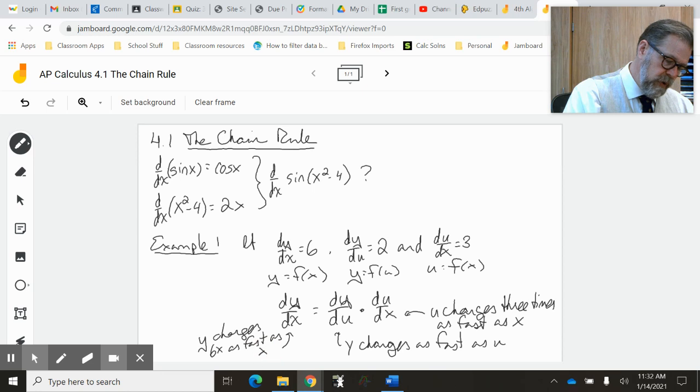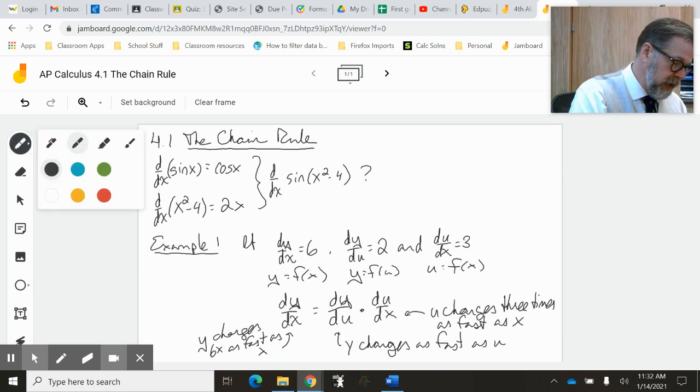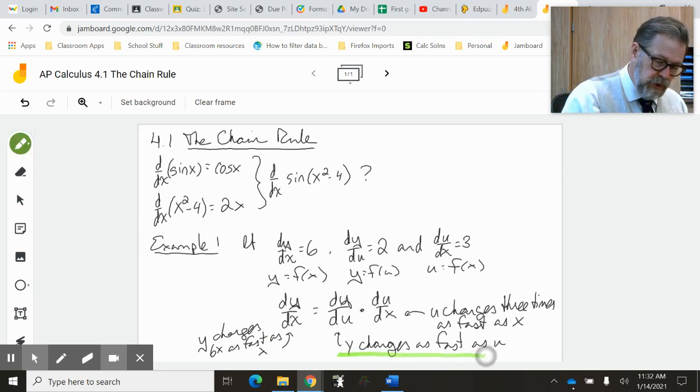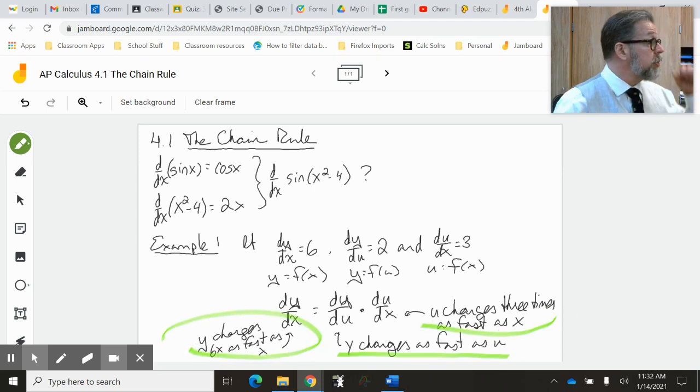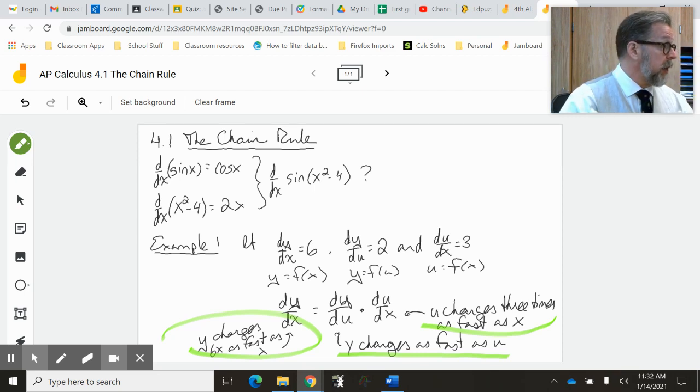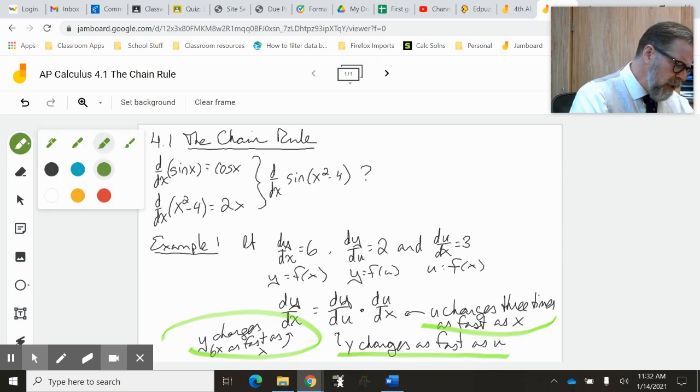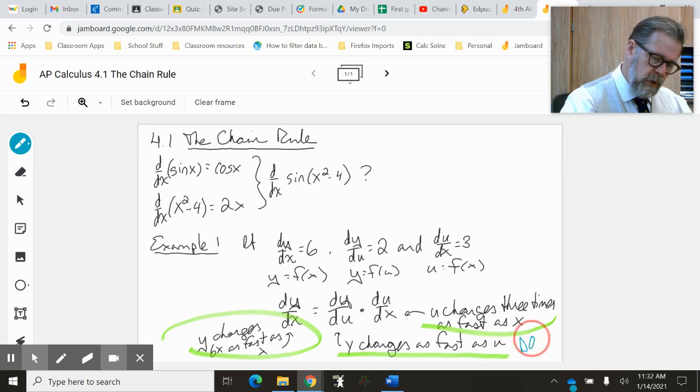Hopefully you can see the logic behind that statement: if this is true, and this is true, then that must be true. So dy/dx, the rate of change of y with respect to x, is equal to 2 times 3, which is 6. If you're in my class, go ahead and do exercise 1 in the book. You can pause the video and come back when you're done.